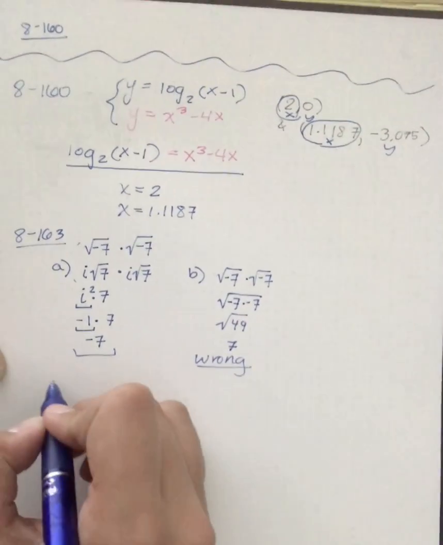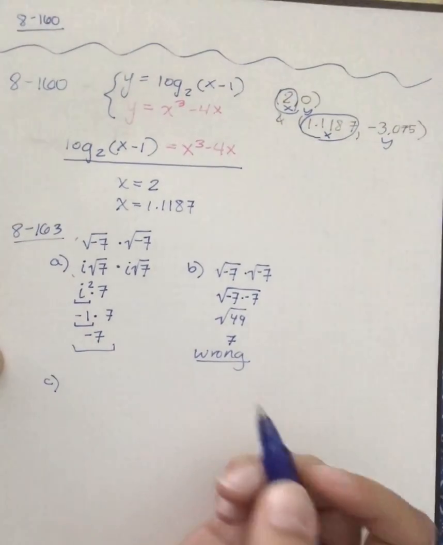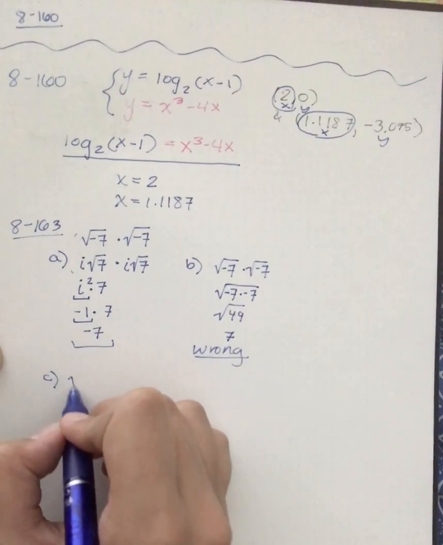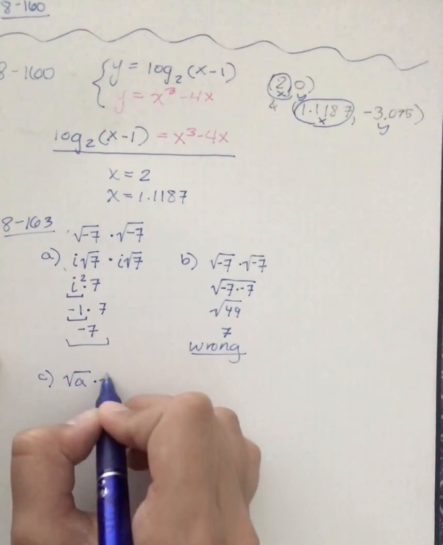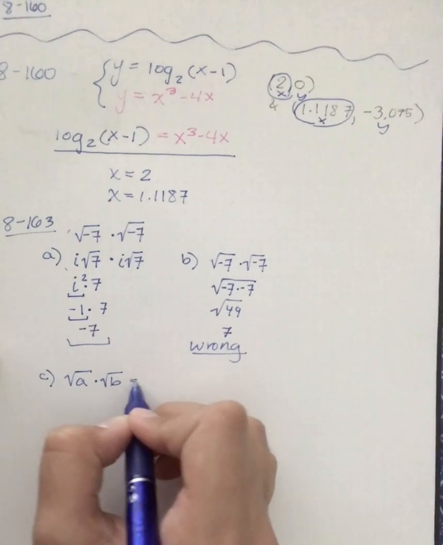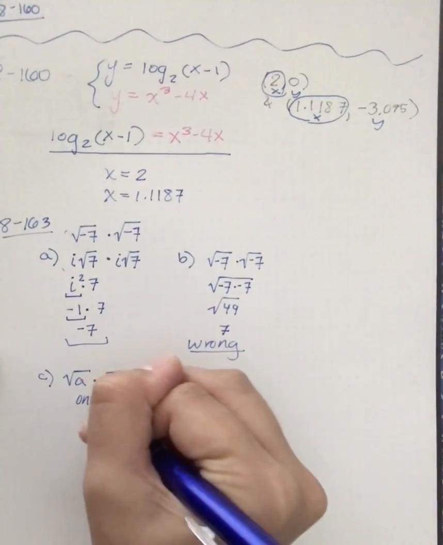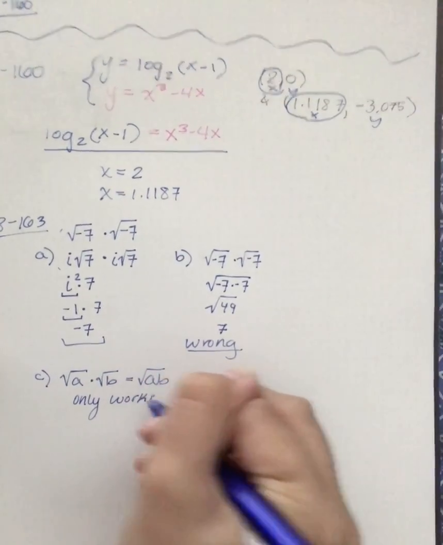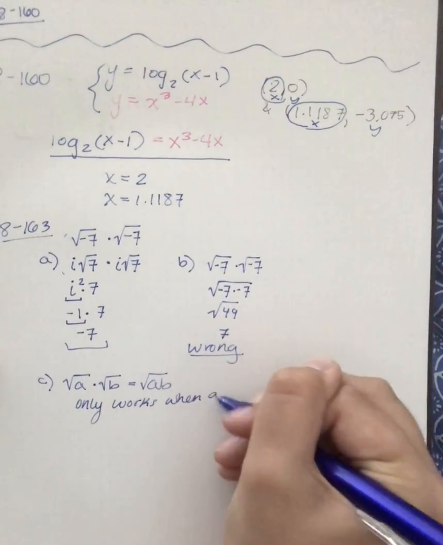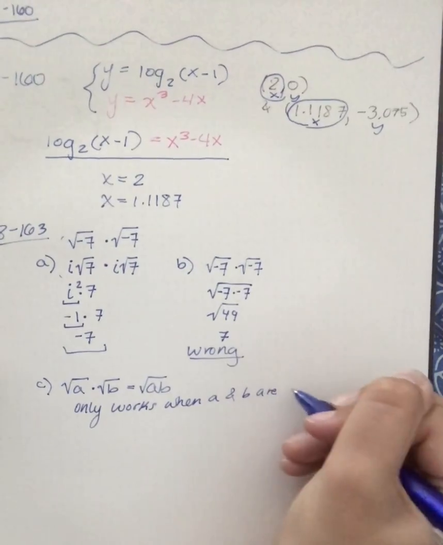So to avoid this mistake in the future, what you want to consider is that this rule, that the square root of a times the square root of b is the square root of ab, only works when a and b are positive.